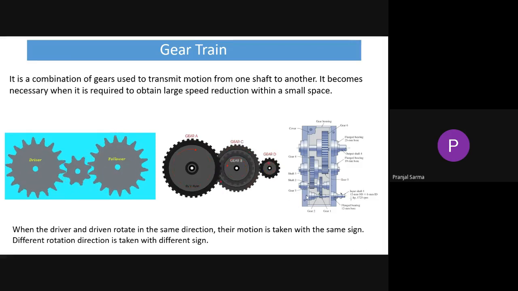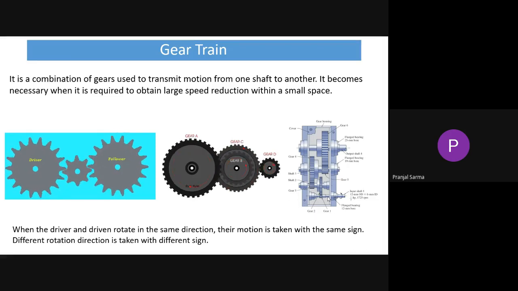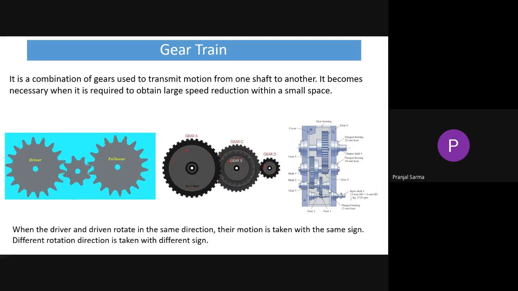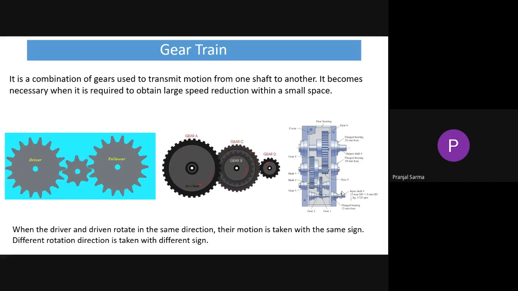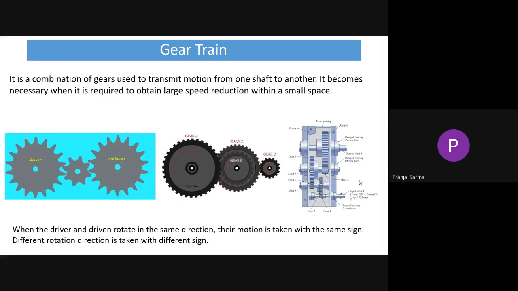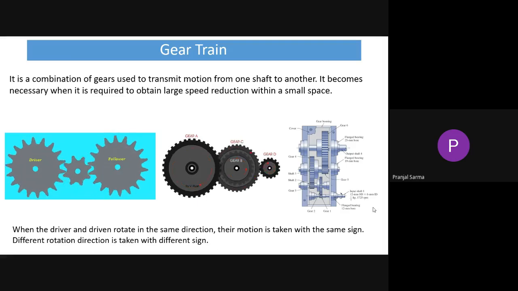So what is happening here is, from gear A to gear B, as they are in mesh, we get a particular velocity ratio, and it is rotating in the anti-clockwise direction. On the second shaft gear C is also mounted.